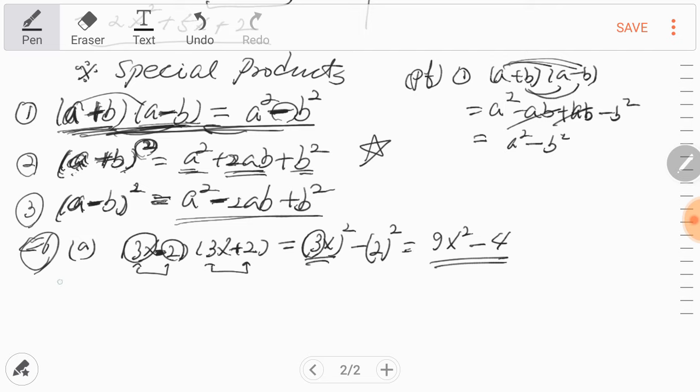It's pretty simple. So how about 6 plus 5x times 6 minus 5x? Still the same: there are two terms, 6 and 5x, one is plus, one is minus, so we can use the formula. Actually, this formula is called difference of squares.